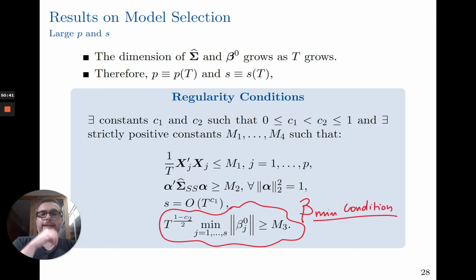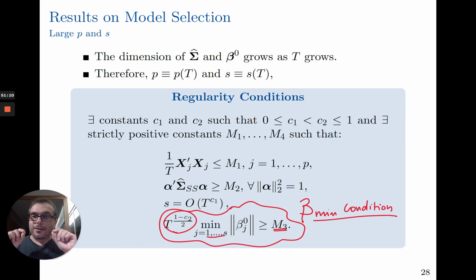What it's basically saying is that for all the relevant variables, remember it's the relevant set, the absolute value of the true parameter should be larger than a constant. Of course, this is normalized by the sample size, but basically we cannot deal with small coefficients, right?